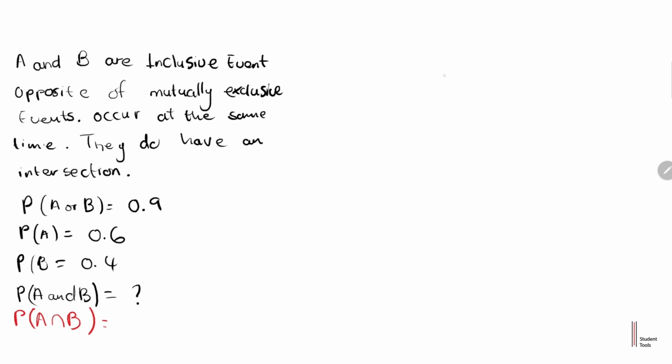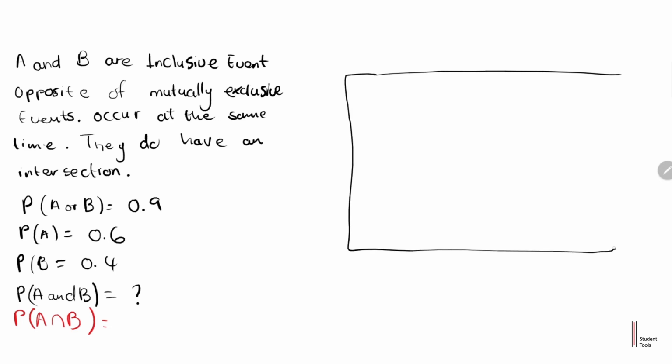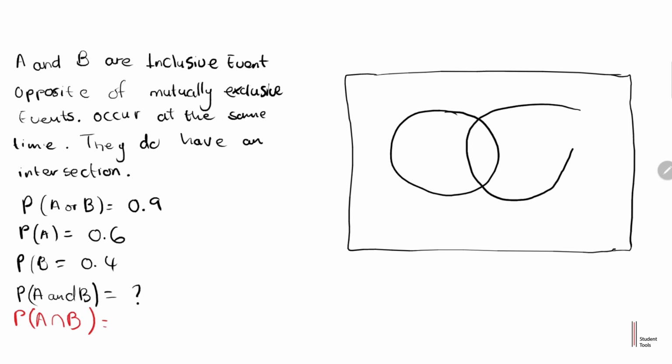All right, so we will have our sample space over here, and here we will have the probability of A, and over here we will have the probability of B. So this is our sample space. All right, now we have that.